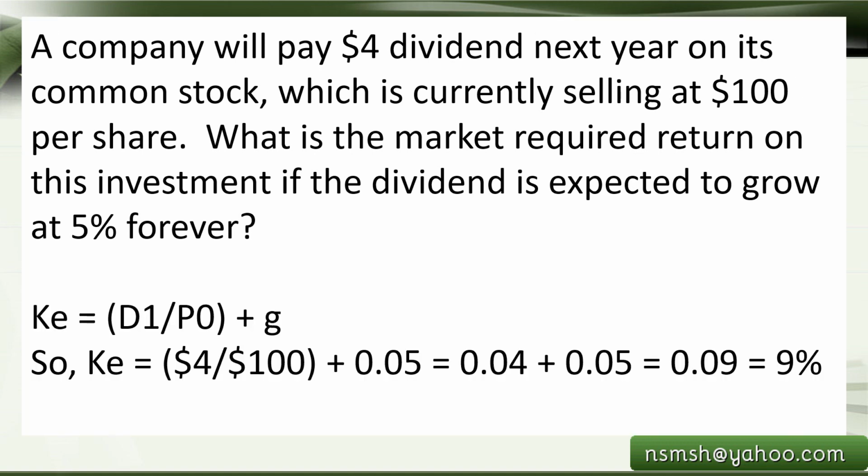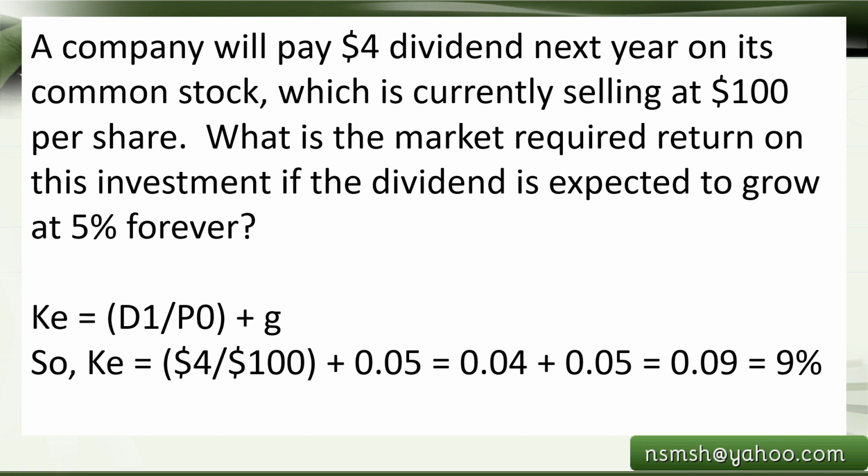So the expected rate of return is given by the dividend next year divided by the selling price of the common stock, plus the growth rate. That is the formula.